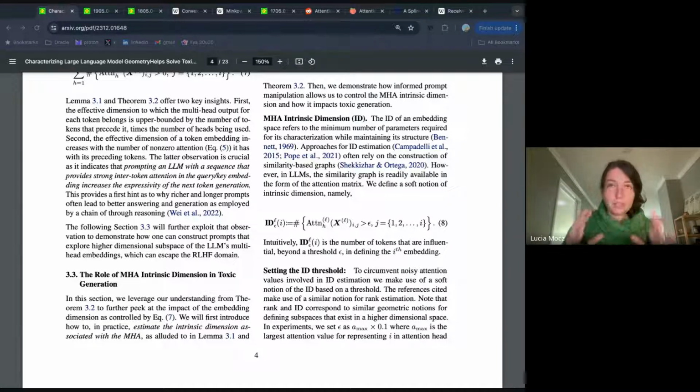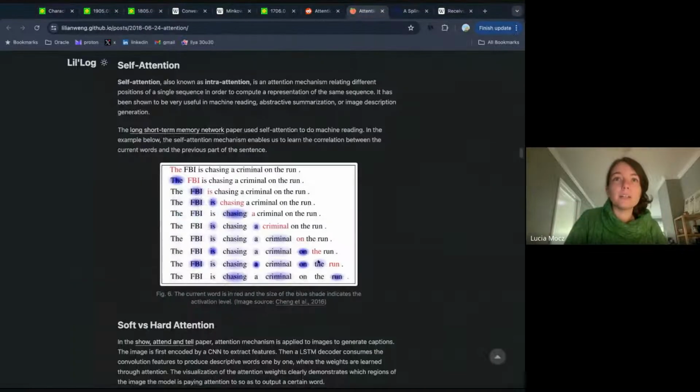So let me repeat this, because this is the key idea. You have your ith vector in the sequence, for every single i. If we go back and take the fourth vector, chasing, and look at how high the attention is for everything before it, "the" is not very high.